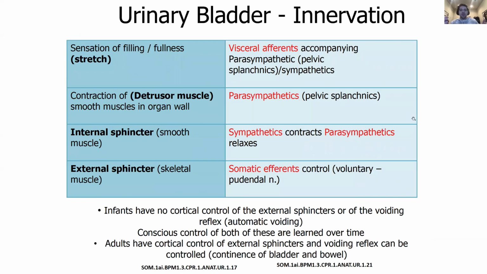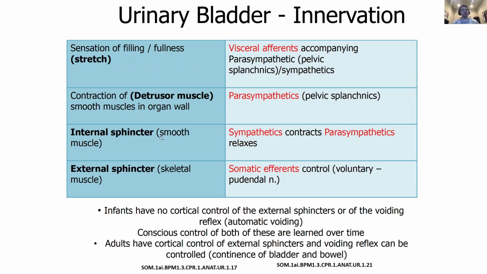Now, the autonomics obviously control a lot of the urination of the bladder. When we talk about parasympathetics, we're talking about going to the bathroom, peeing. So the parasympathetics are going to contract the detrusor muscle, the muscle around the bladder, and relax the internal sphincter.